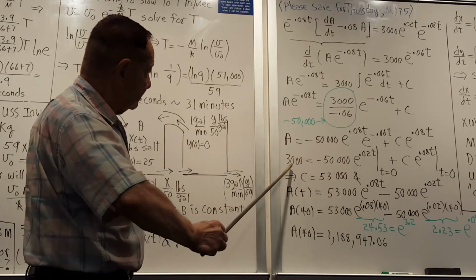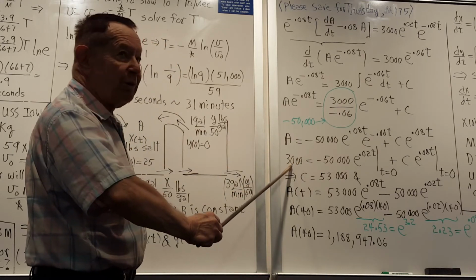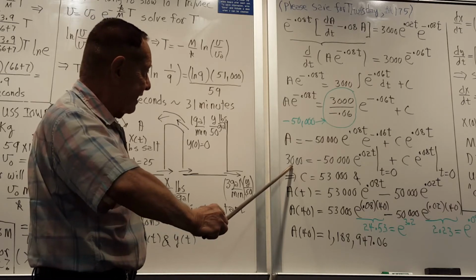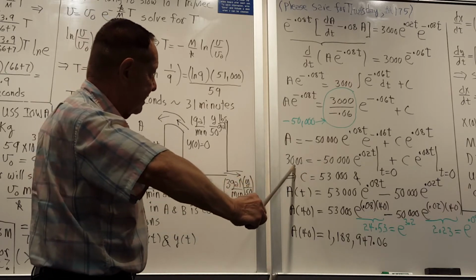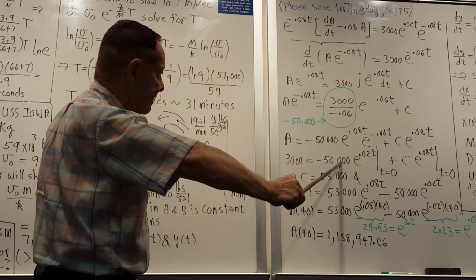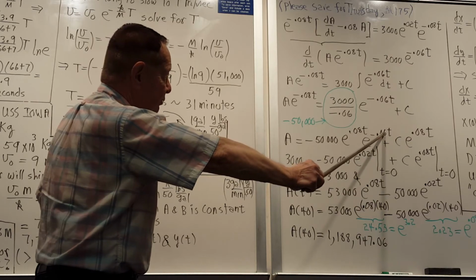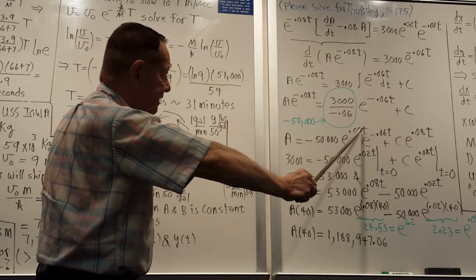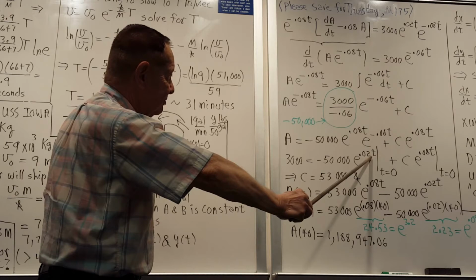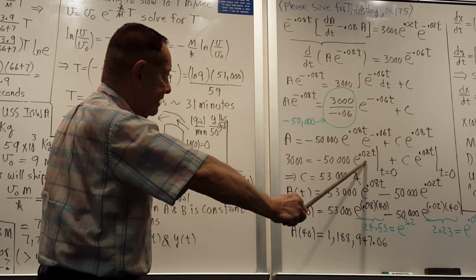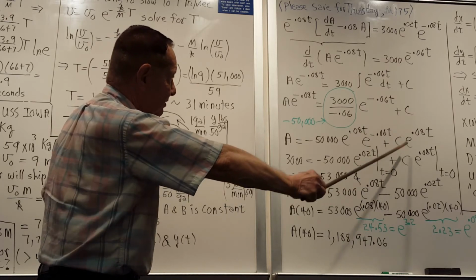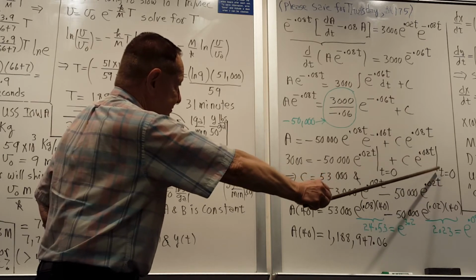So the employer, say, has put the 3,000 into that to start it, and that equals minus 50,000, and then you see you have plus 0.08 and minus 0.06, so 8 minus 6 is 2, e to the 0.02t at time 0, and then your constant at time 0.